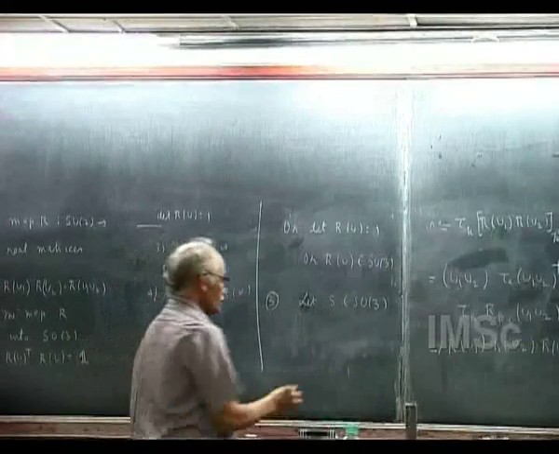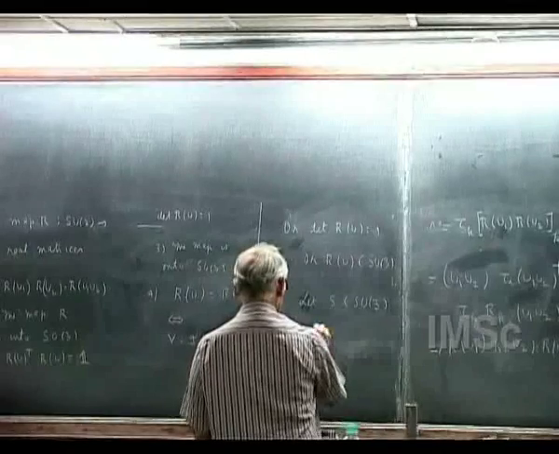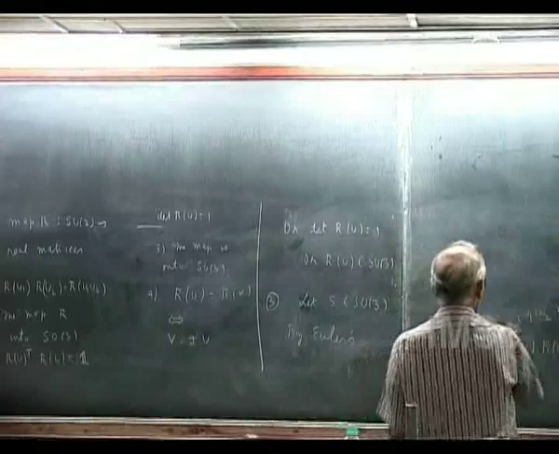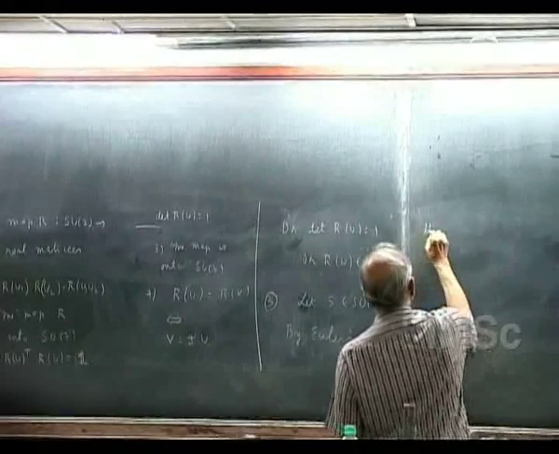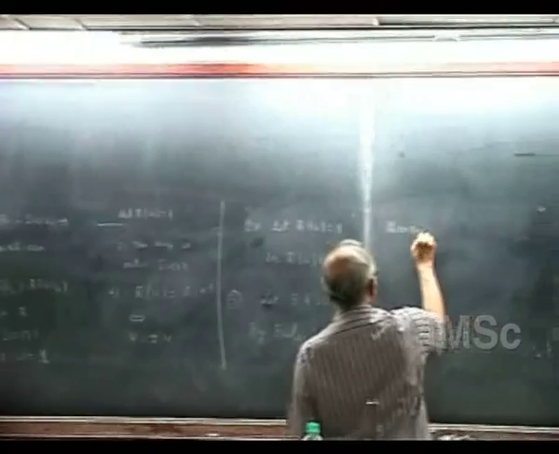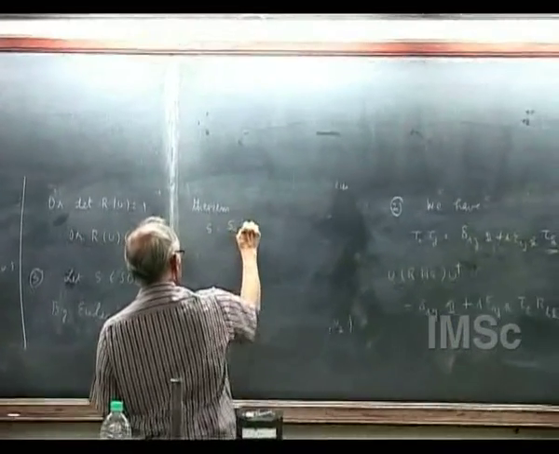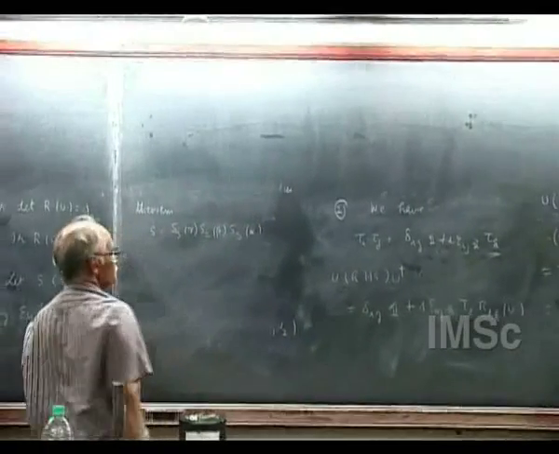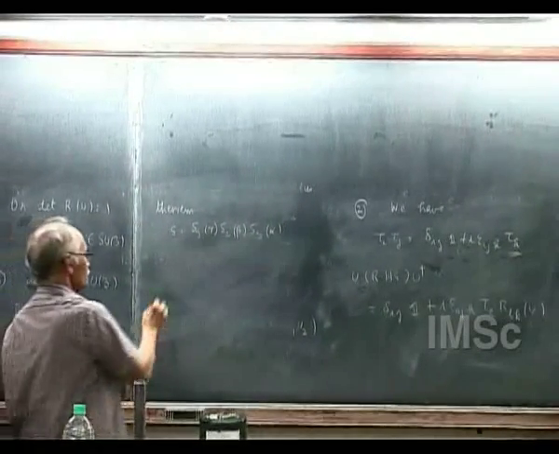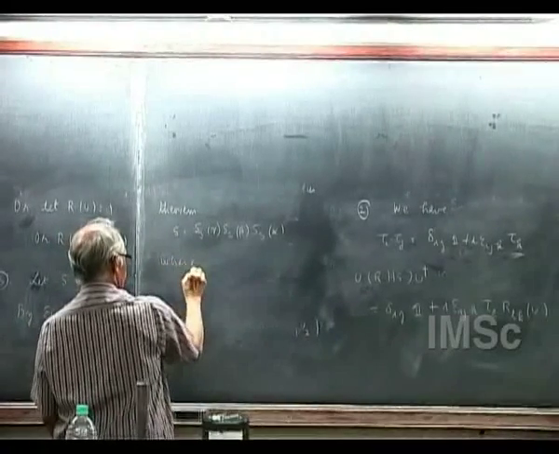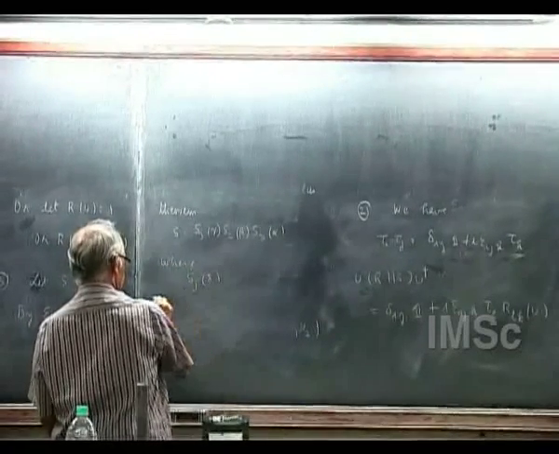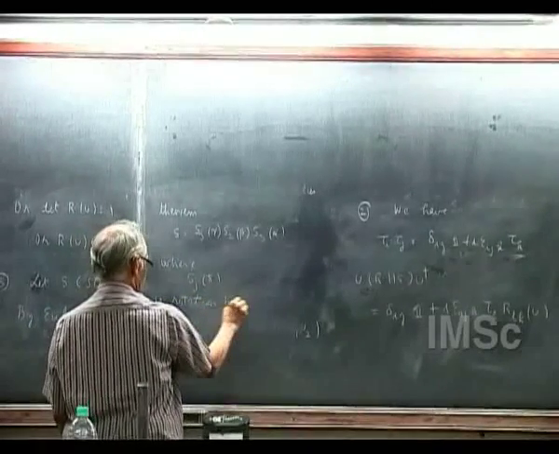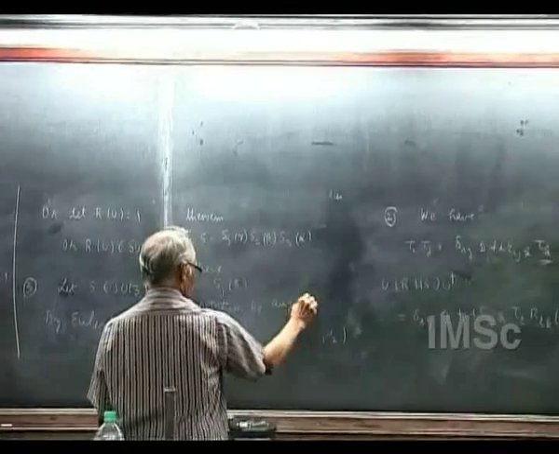Then by Euler's theorem, I can write S as S3 gamma, S2 beta, S3 alpha, where say Sj delta is rotation by angle delta around axis j.